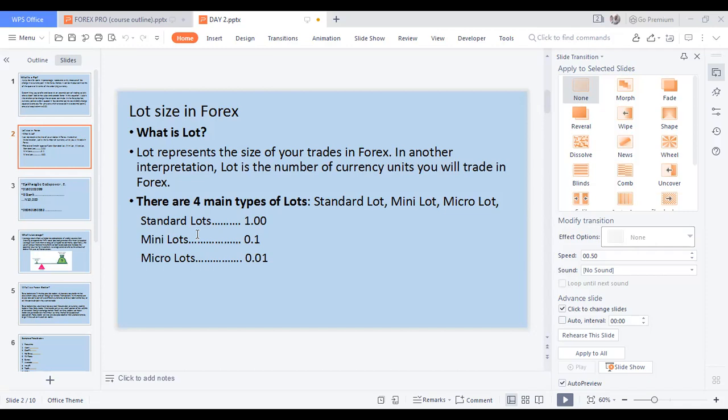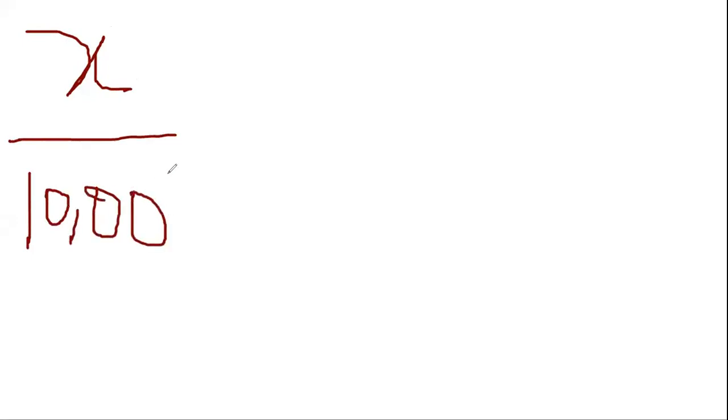So let me start with micro lots. I have a formula I use for this. I simply say x over 10,000, where X is your known quantity.